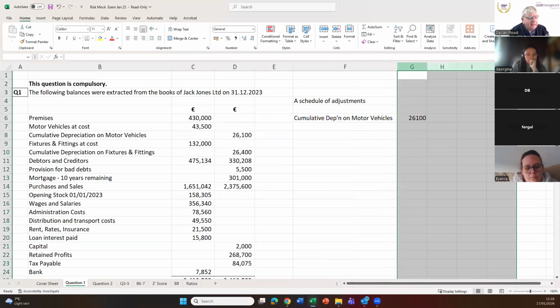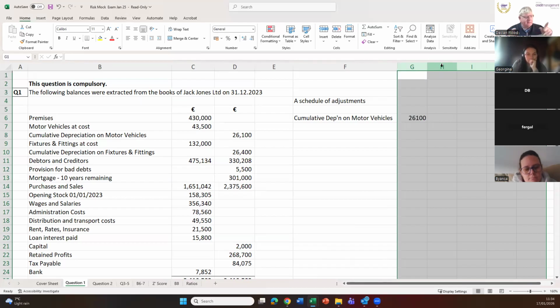Now, the reason we are doing a schedule of adjustments, and this is important that you get this, is that when we're doing a profit and loss account, we want to see from the numbers, did the company make a profit or a loss in the period we are looking at?